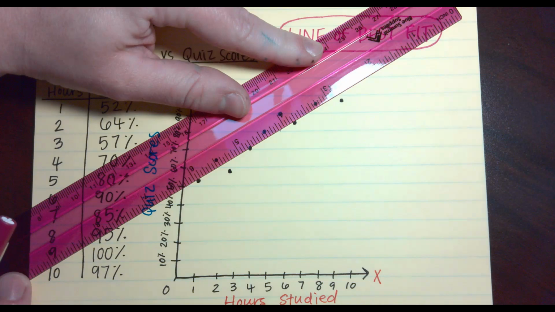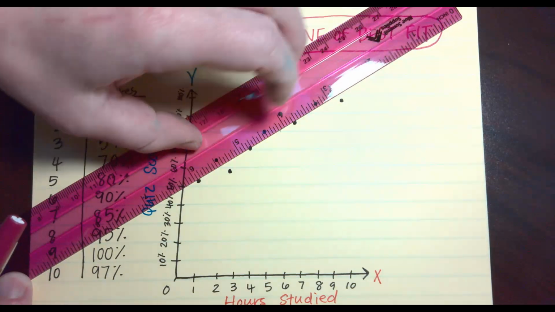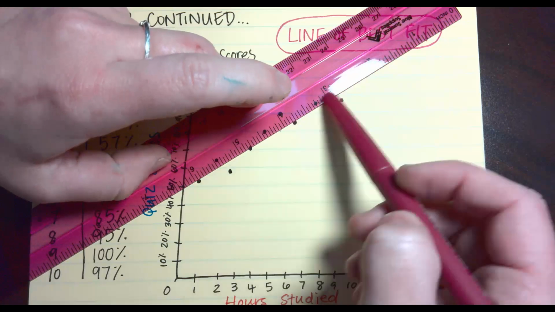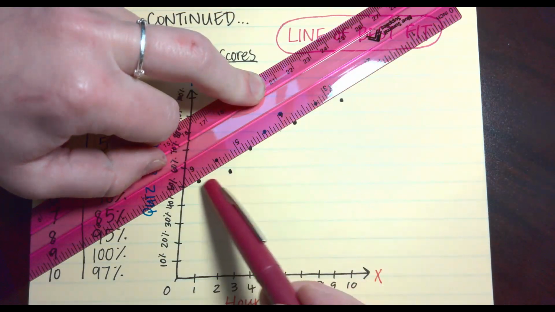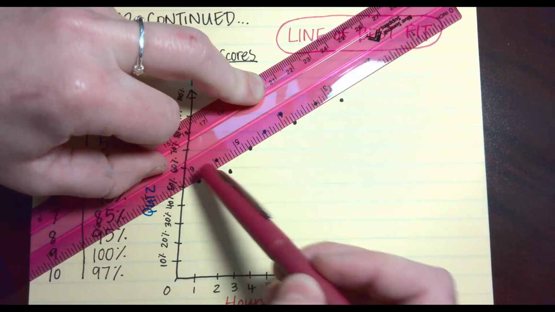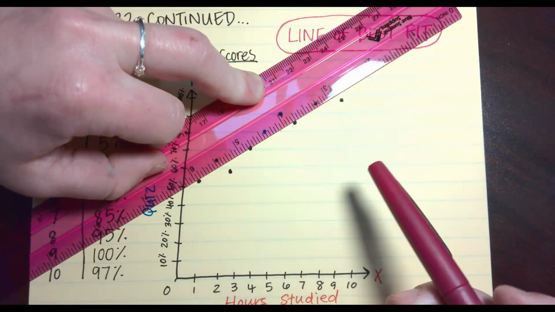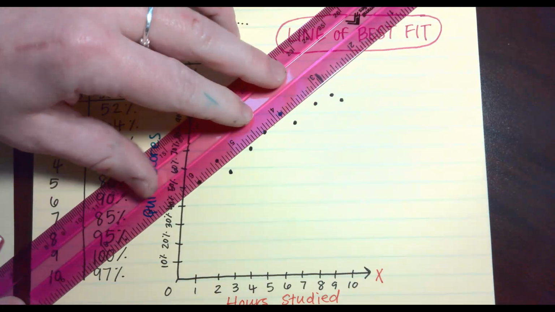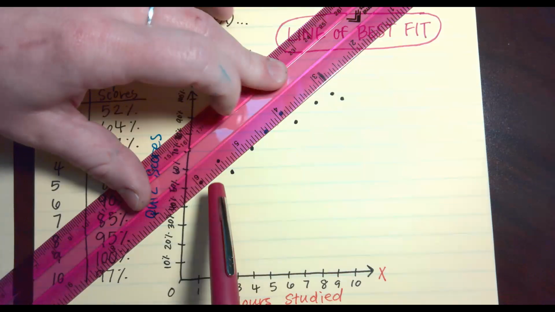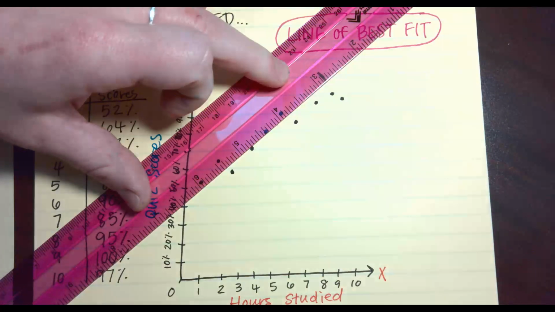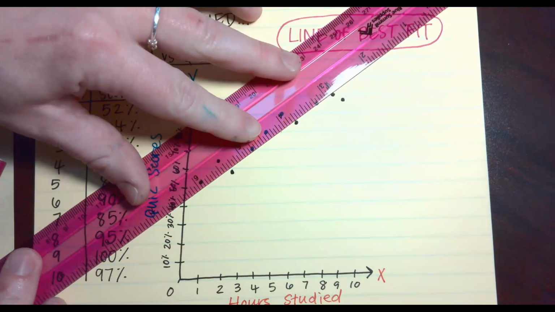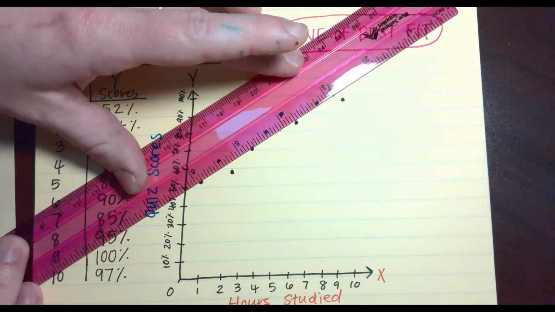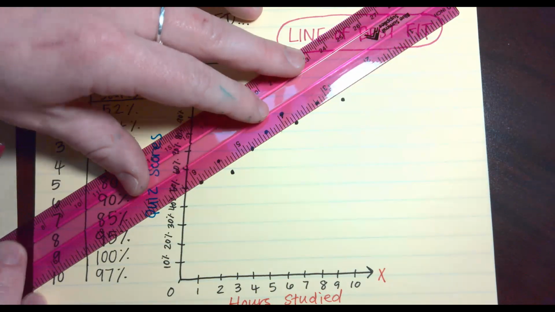Do we agree? You think it needs to be moved at all? Works for me. Okay, so I'm going to line it up and make sure that the number of points showing under my ruler or above my ruler is pretty equal. I don't want to make it like that, that's a little bit too high of a slope there. You want to be a little particular about it, really think about where you're putting that line.